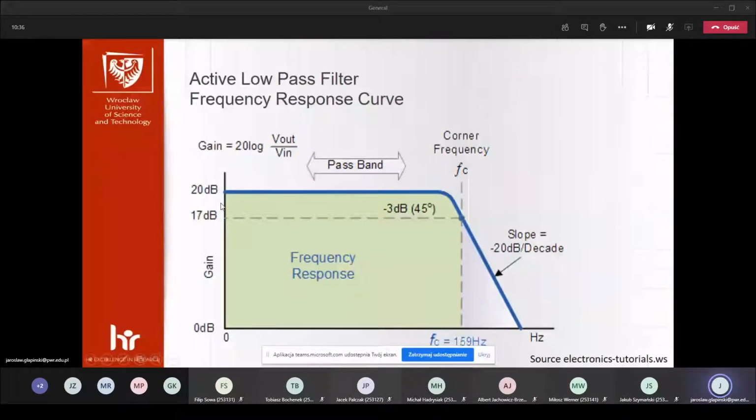This is the chart of this filter. We've got the cutoff frequency, the 3 decibel point, and usually this is the typical 20 decibel per decade for RC filters.